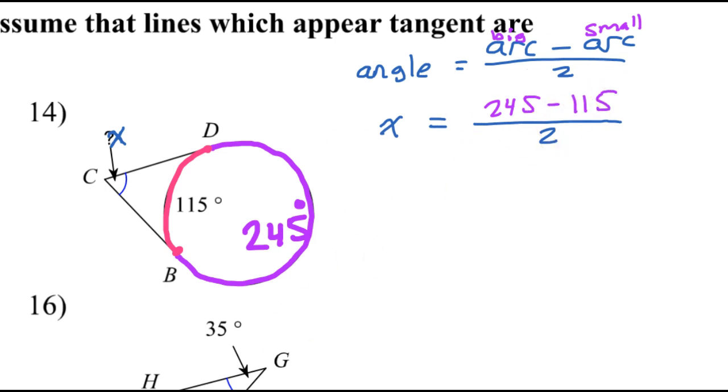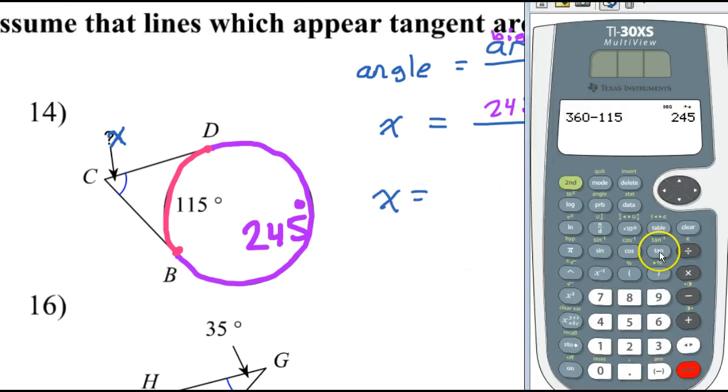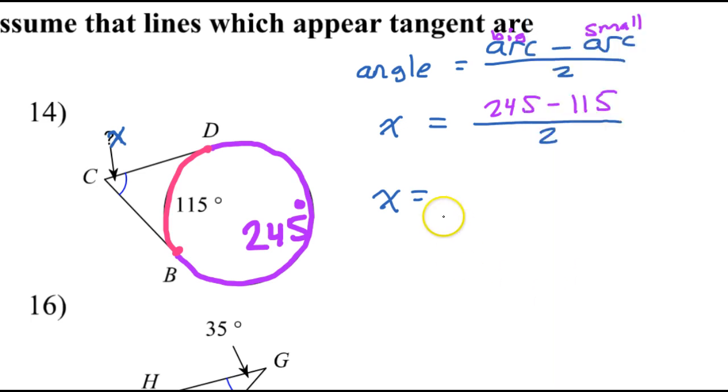And that's how you do it. 65. So x is 65. 65 degrees.